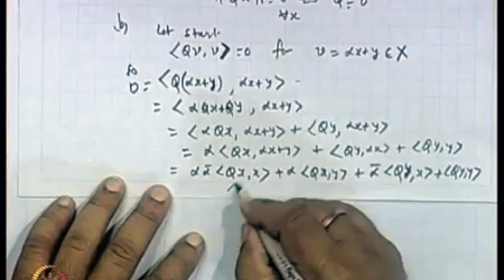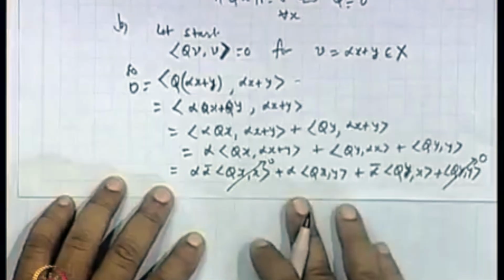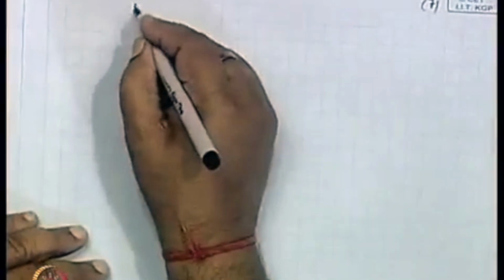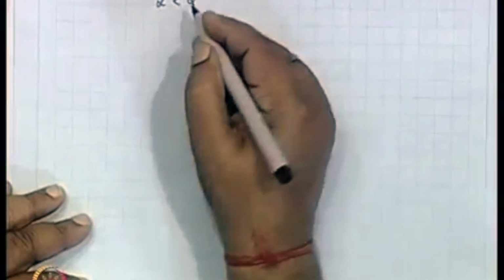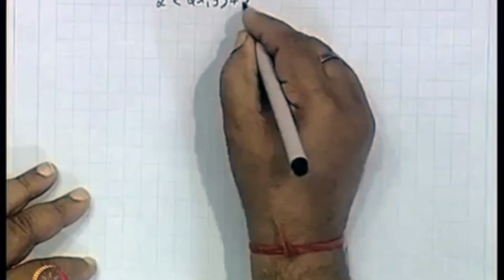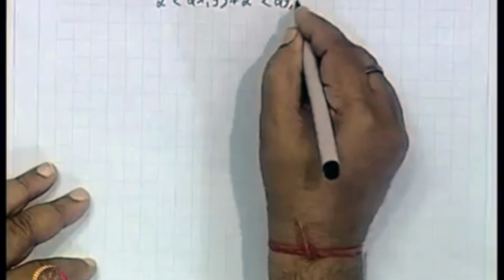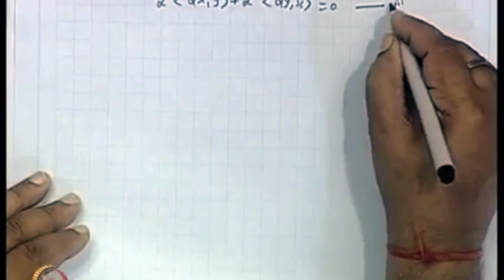But ⟨Qx, x⟩ is given to be 0, so this part is 0 and this part is 0. So what is left now, we get from here, α⟨Qx, y⟩ plus ᾱ⟨Qy, x⟩ is 0. Let it be third.